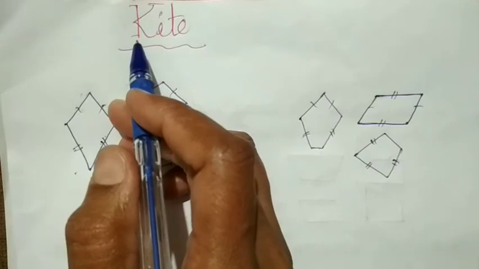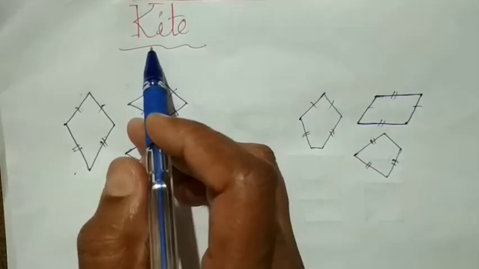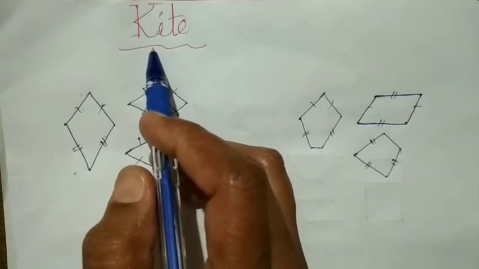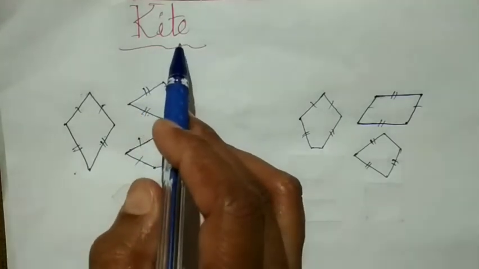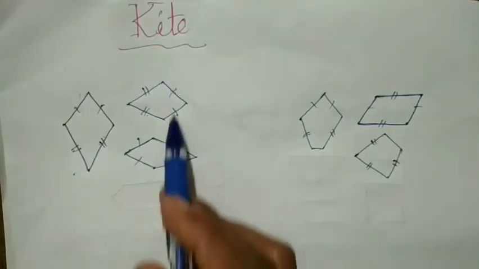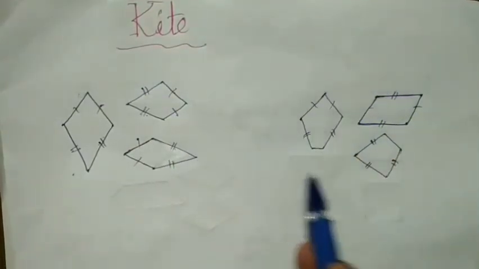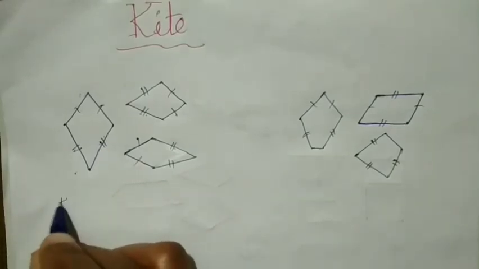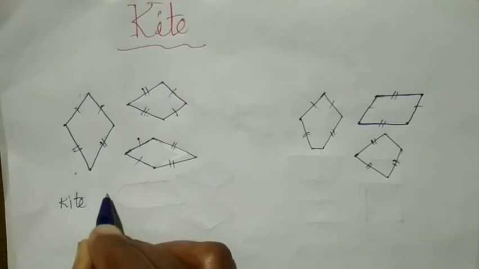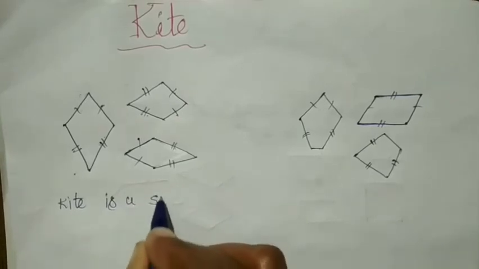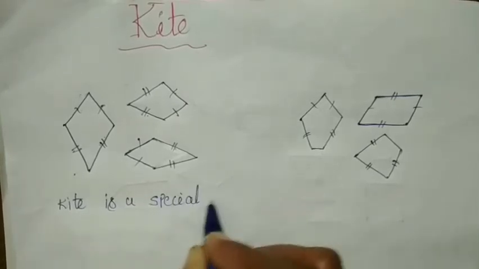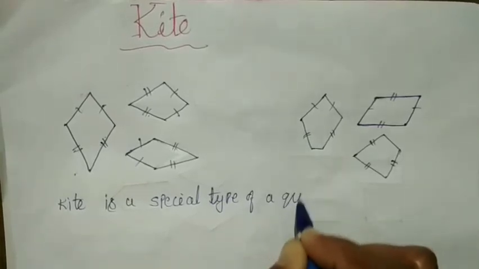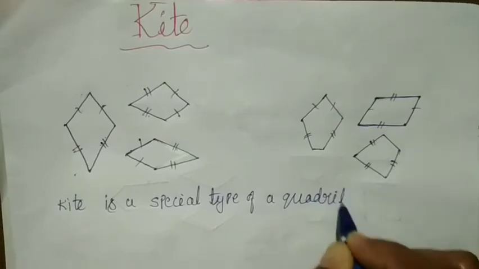In the kinds of quadrilaterals, first type is trapezium and second kind of quadrilateral is kite. Dear students, look at these figures. Kite is a special type of quadrilateral.